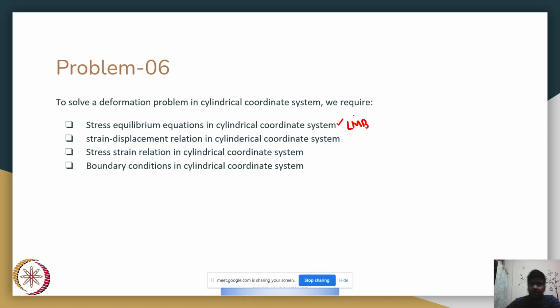Before we try to solve this problem for a cylindrical coordinate system, let us think in terms of Cartesian coordinate system.